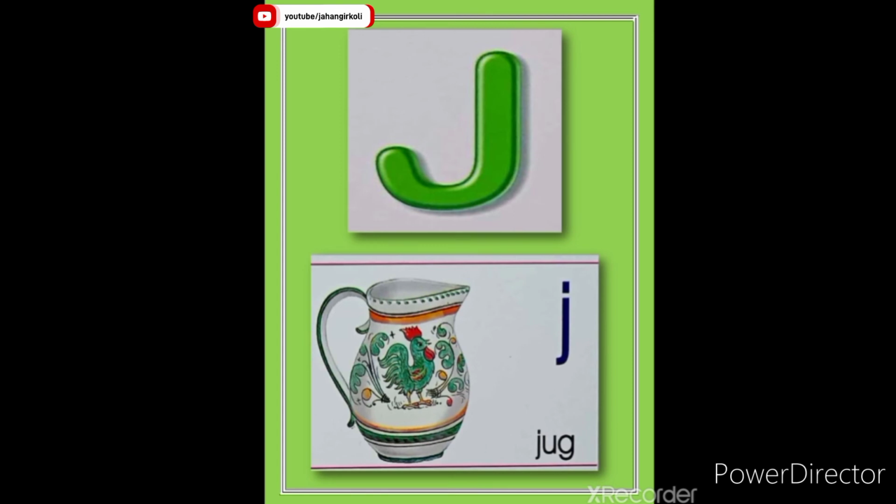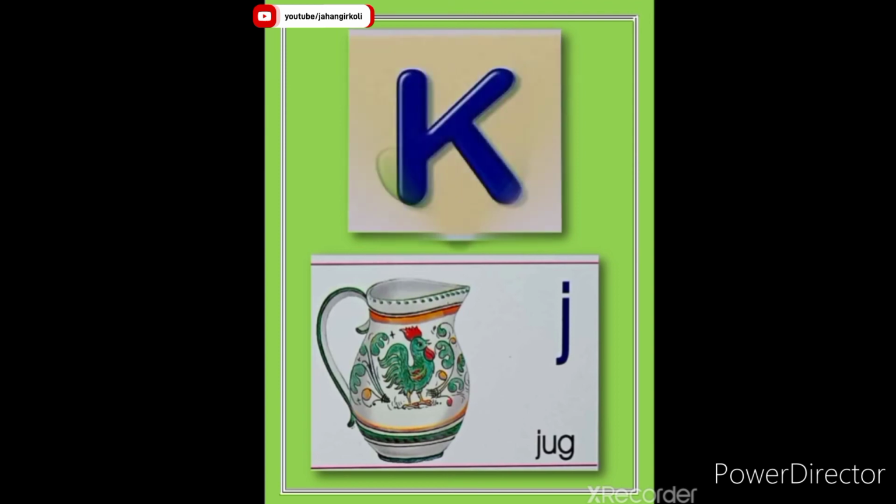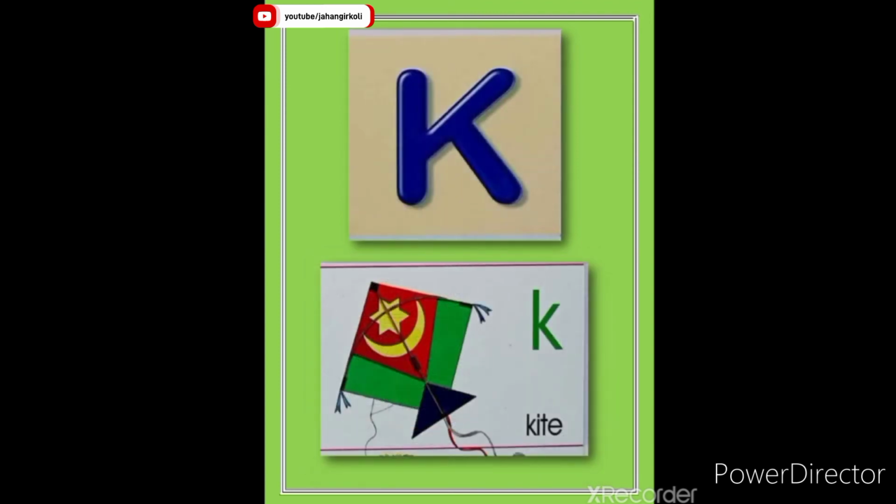J is for jug. J-U-G, jug. K is for kite.